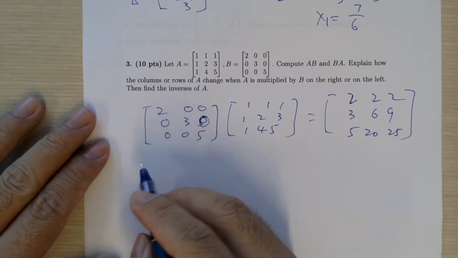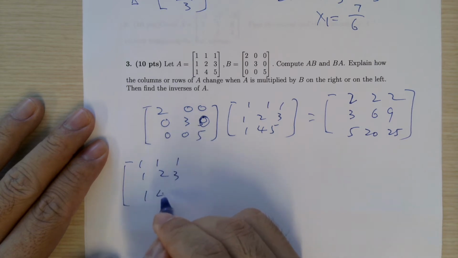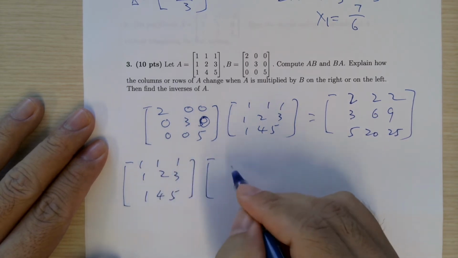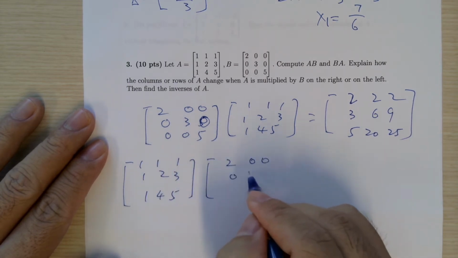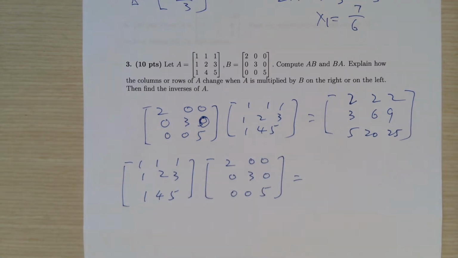If you do the right multiplication here, with 2, 0, 0, 0, 3, 0, 0, 0, 5, then as you can see here, you can calculate it.